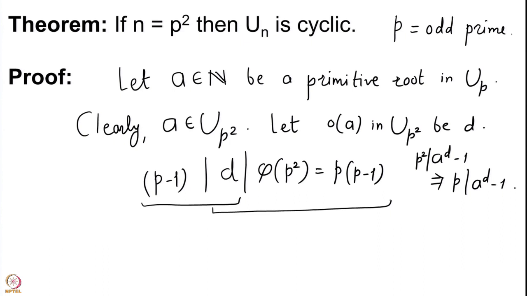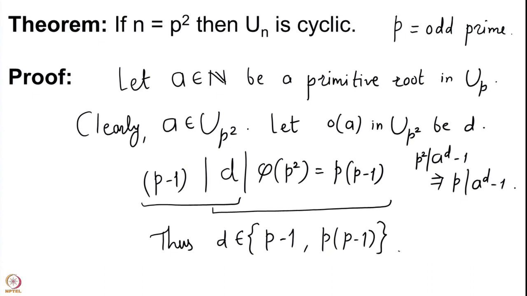So, the possibilities for d are p minus 1 and p into p minus 1. There are no other elements which are multiples of p minus 1 and which are also divisors of p into p minus 1. This is where we are using that p is a prime. If you show that the order of this element cannot be p minus 1, then we are done.